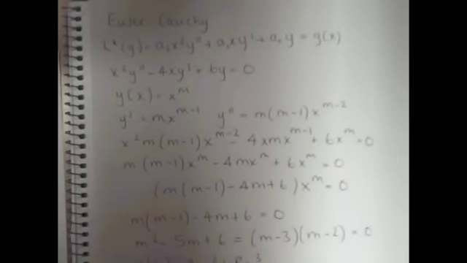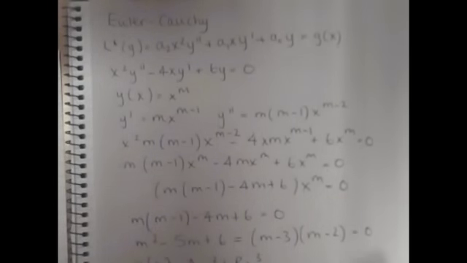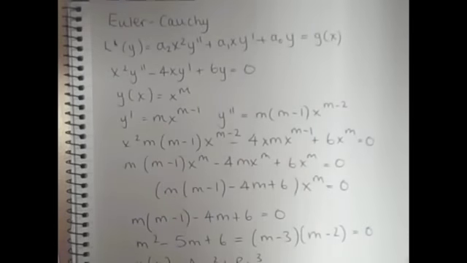Therefore, sub in y(1) = 0 and y'(1) = 1. So we get a(1)² + b(1)³, and that gives us a + b = 0. Therefore, a = −b.